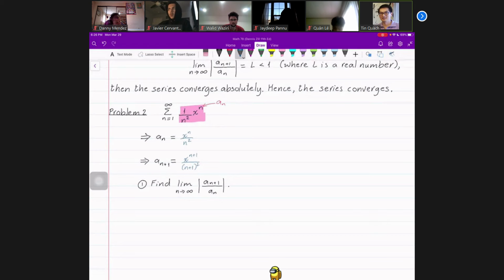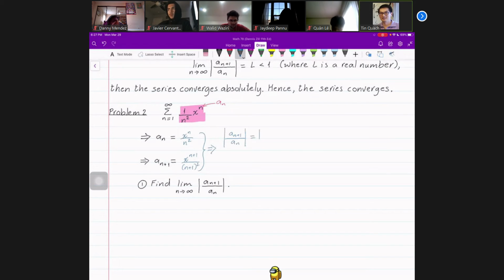And then if you want to find out the ratio, so you can go to the right. So this will help you. You can use these two right here so that you can simplify. So a sub n plus 1 over a sub n, put the absolute value around.